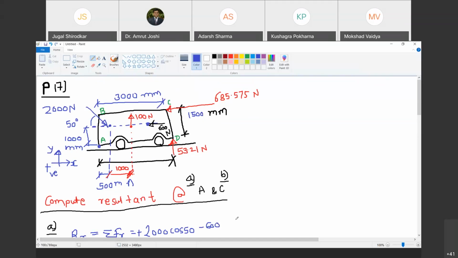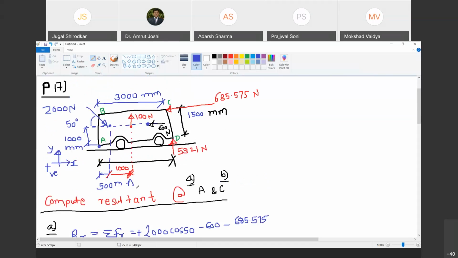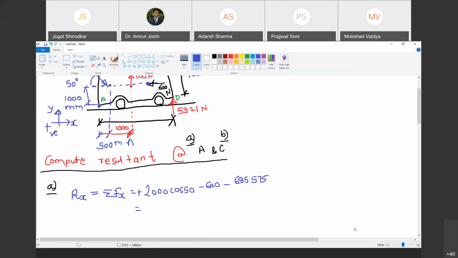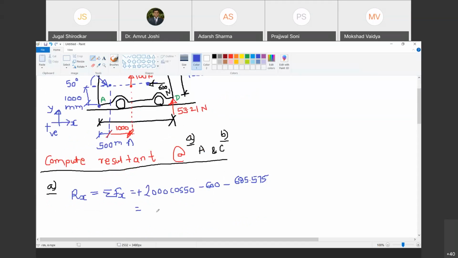Minus 1285.575. तो जो लोग एकदम बारीकी से ऑब्जर्व कर रहे हैं उनको समझ में आएगा मैंने कैसे प्रॉब्लम सेट किया. But now you calculate this sum. So how much is that sum? Tell me. How much is summation Fx? Compute. Sir, 0. Great. So summation Fx turns out to be 0.